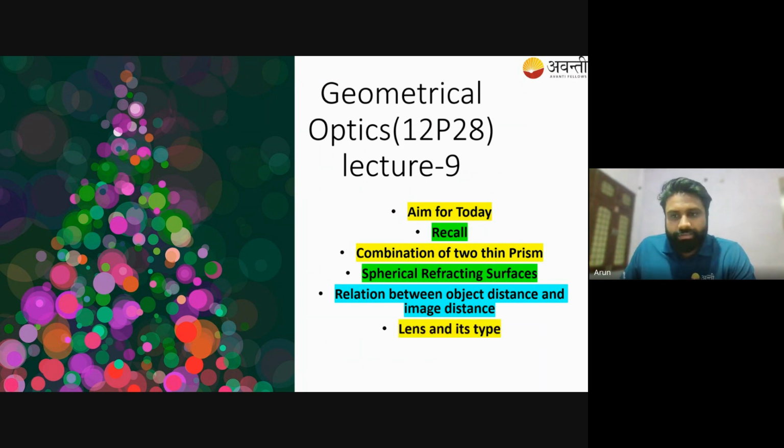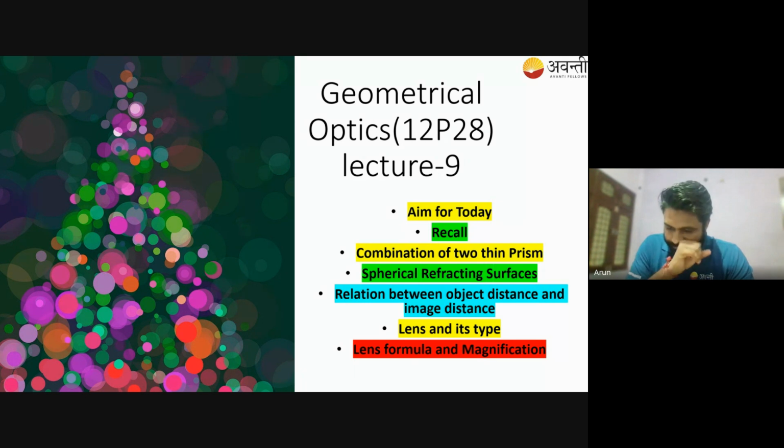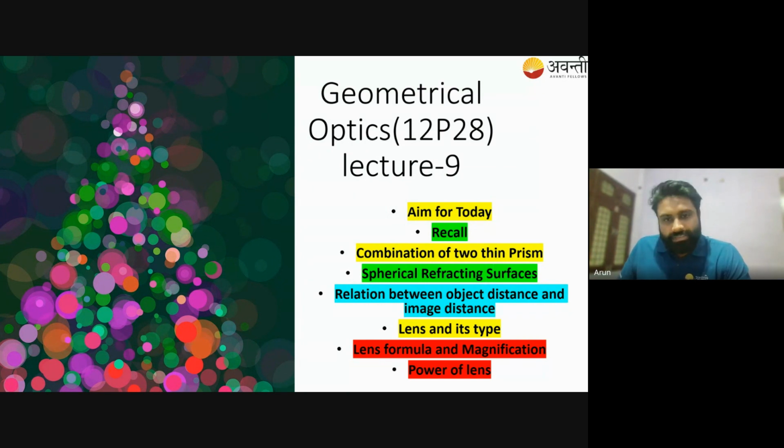Then we learn about lenses and their types, and then the lens formula and magnification, like we have read for spherical mirrors. In the last, we are going to see the power of lenses. So that is it for today. Let's get started.